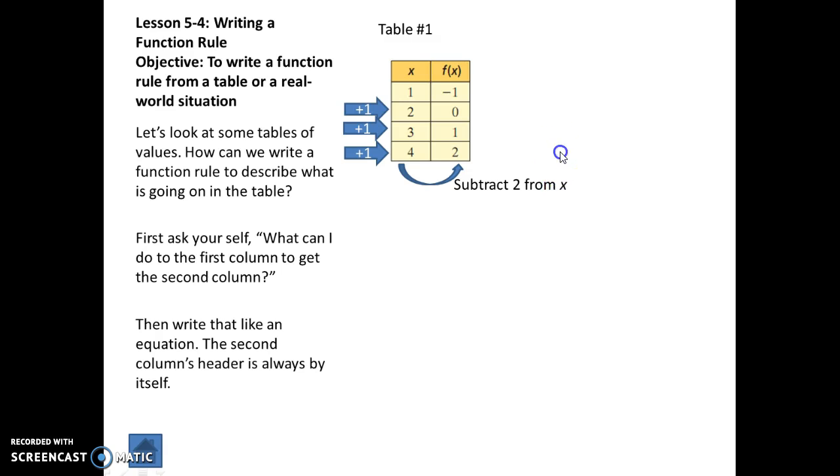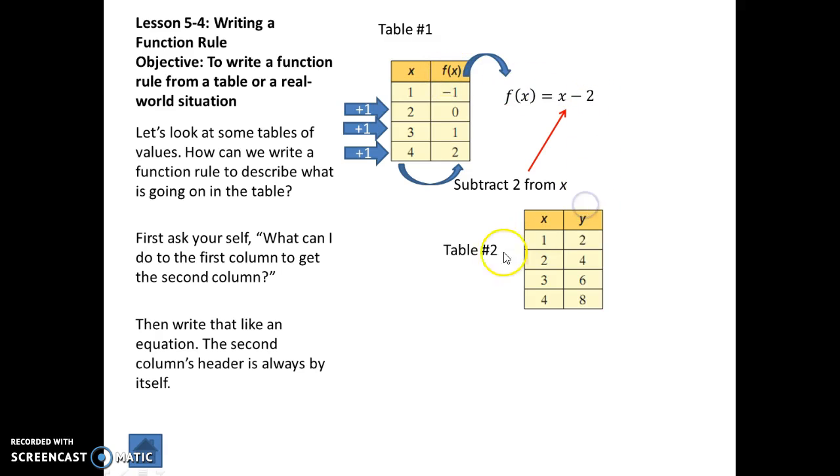So to write that as a function rule, we write f of x all by itself equals x minus 2.